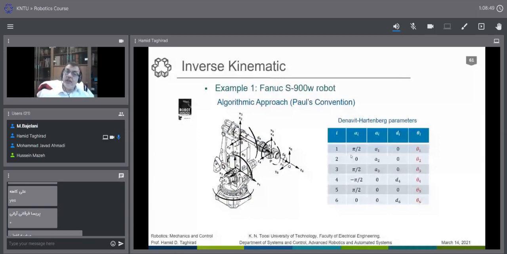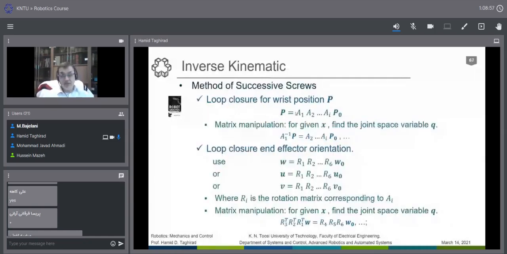And if you have done the forward kinematics in the successive screw method, which was much easier, do you remember that? Then here again we can find the inverse kinematics with the successive screw components, which I wouldn't say is 10 times simpler, but it is more readable and tractable in terms of this kind of solution.